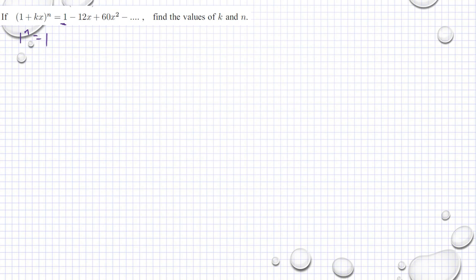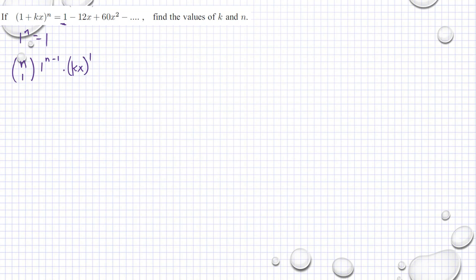But the second term can give us information, that is n taken 1, multiplied by our a raised to n minus 1, multiplied by kx raised to 1.